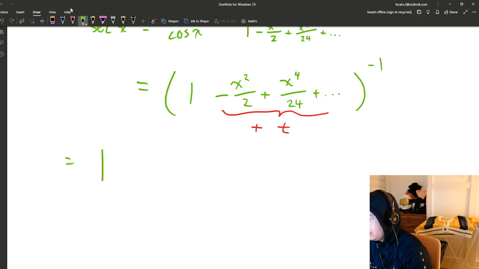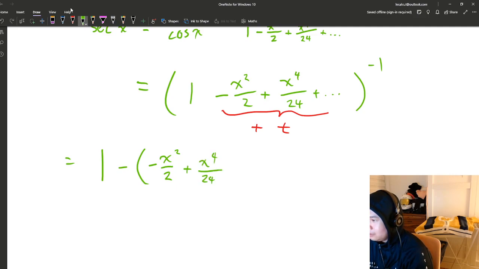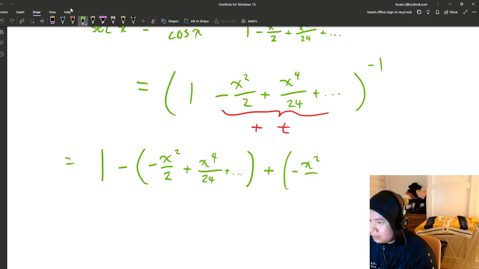So you have 1 minus negative x squared over 2 plus x to the power of 4 over 24 dot dot dot, and then plus negative x squared over 2 plus x to the power of 4 over 24 plus dot dot dot, squared.